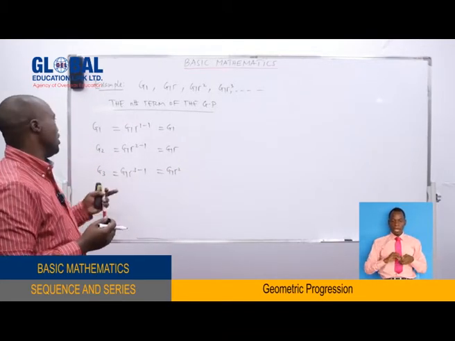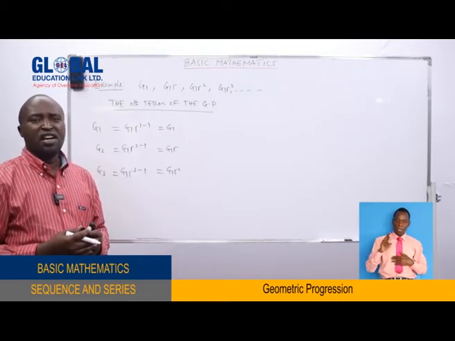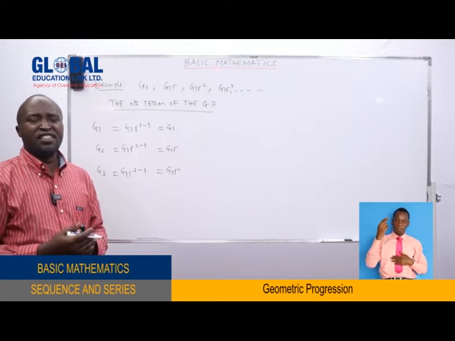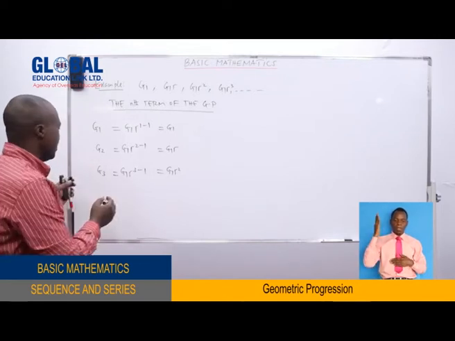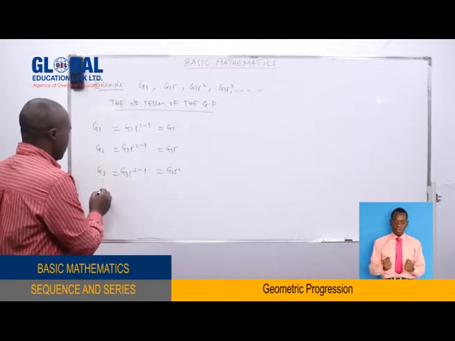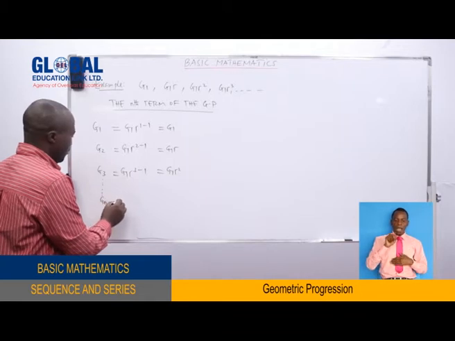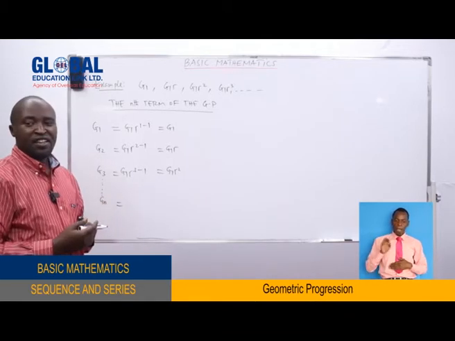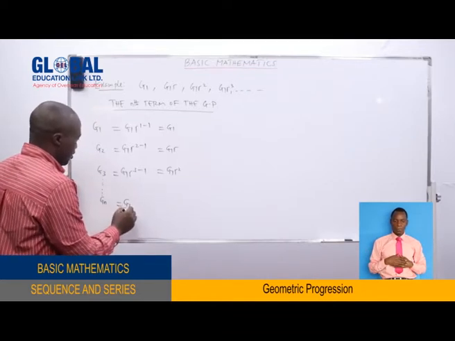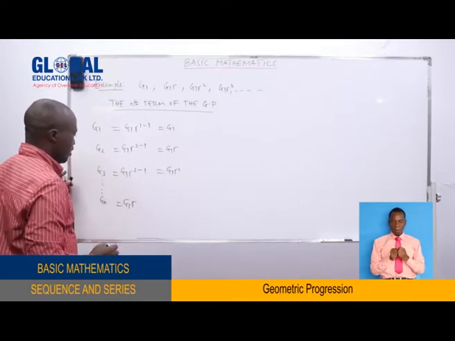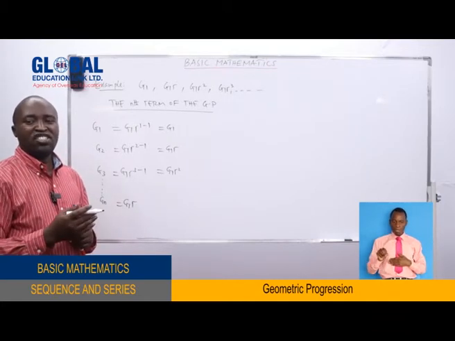Now by using this trend of these terms that are in geometric progression, it is possible to find the nth term of the geometric progression. That is, if our interest is to find the nth term of the geometric progression, this will be the same as G1, then we have R. Remember, the power of R is less than the term number by 1 in each term.